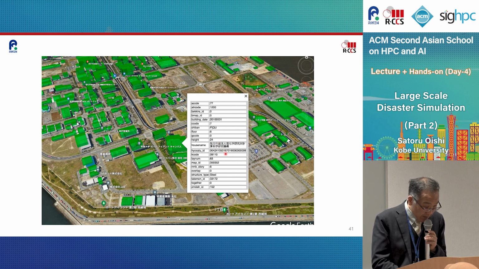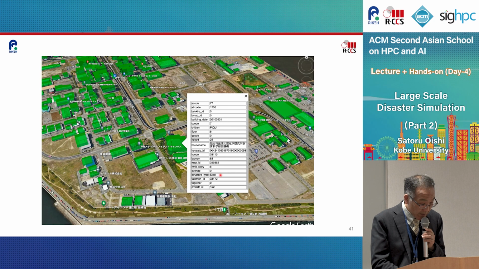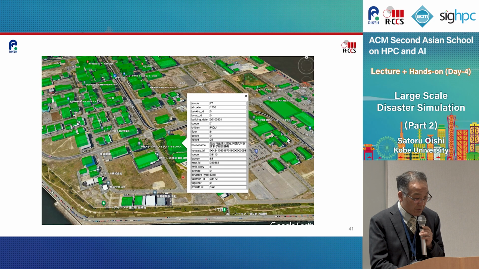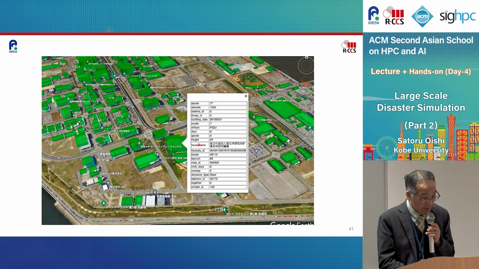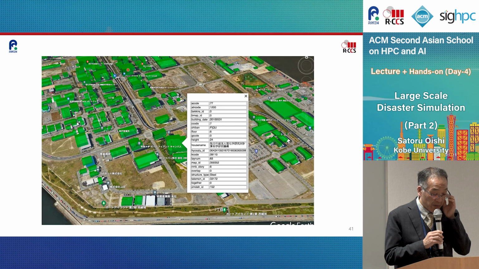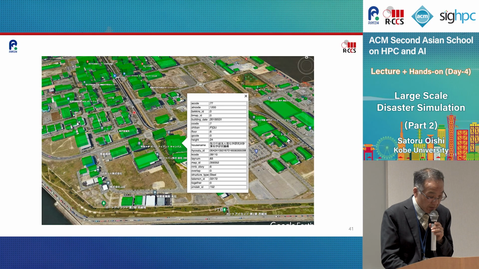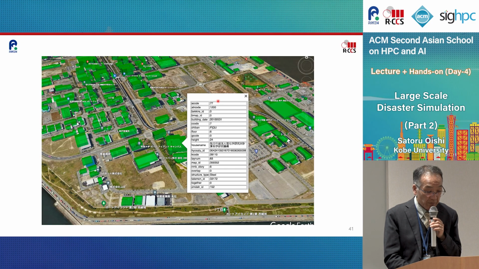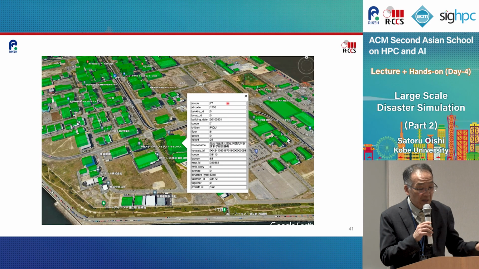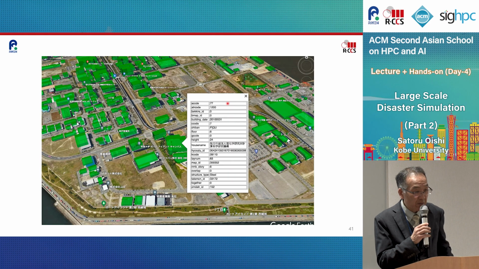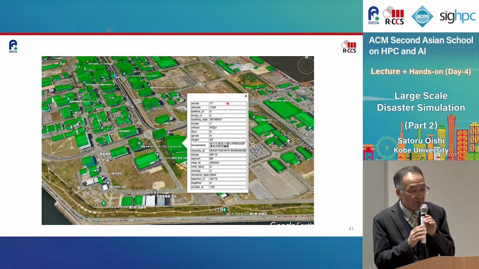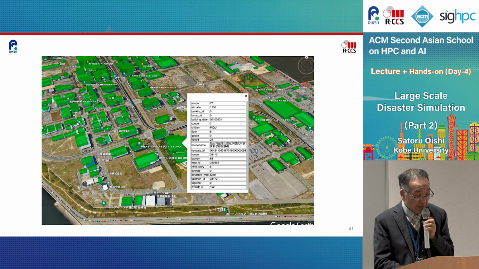It is built of steel and so on. So this kind of information, we can connect the public data and private data. Then we built this kind of building model for the entire Kobe city, which has 400,000 buildings inside.